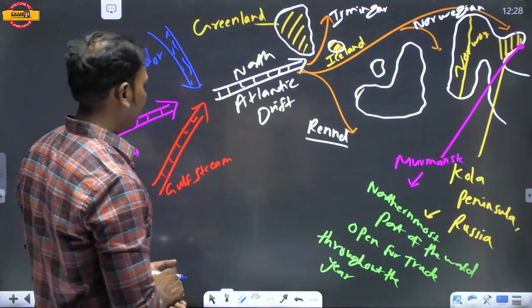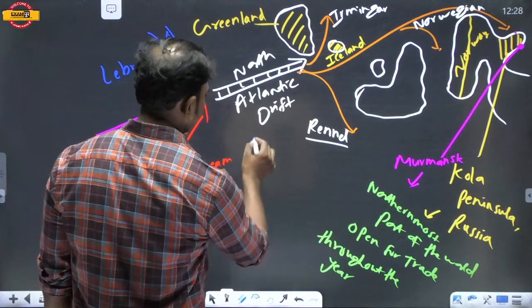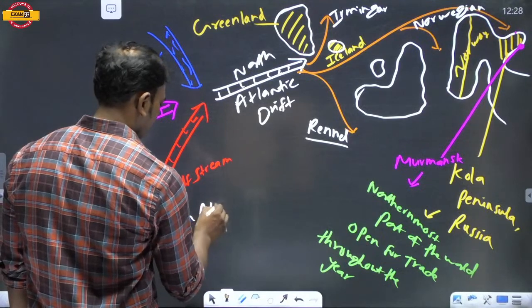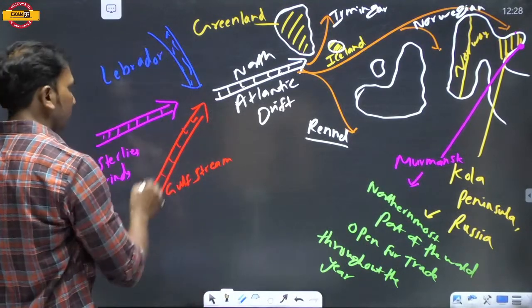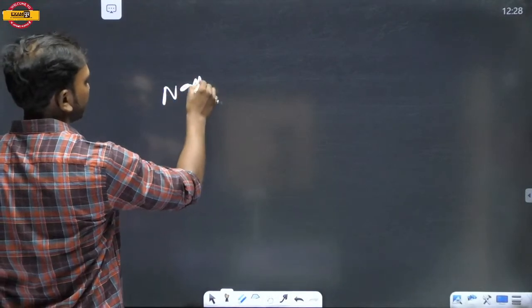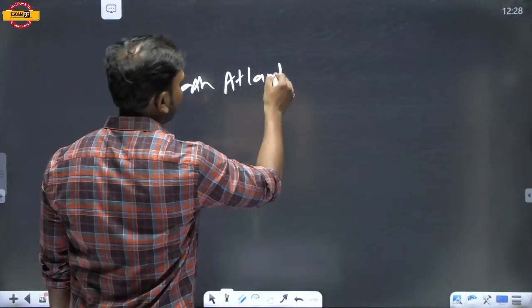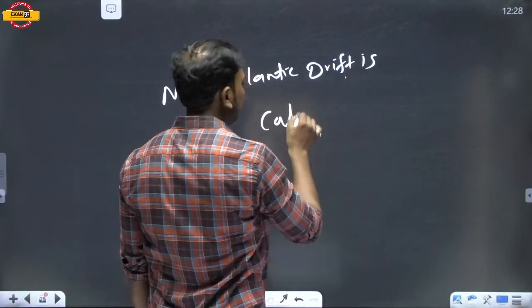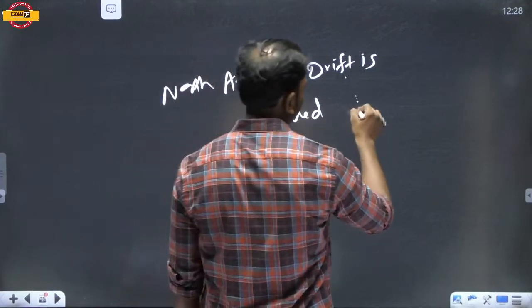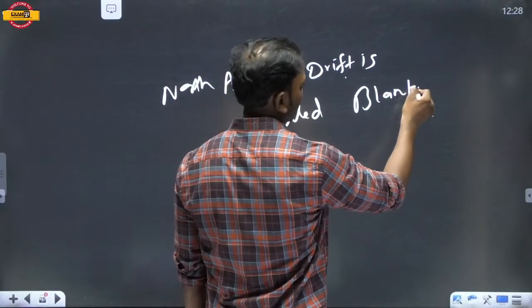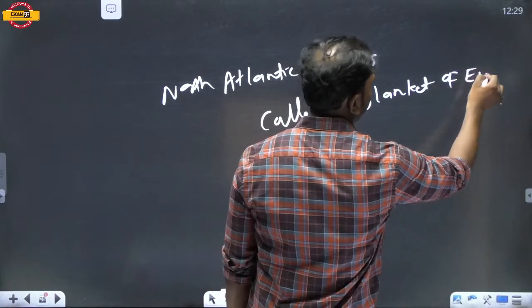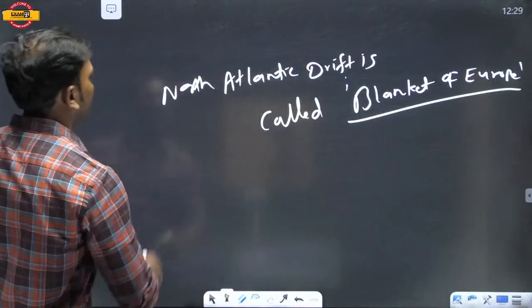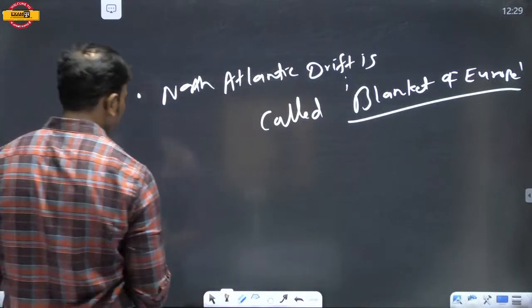And that's why, as I am mentioning in the next slide, the North Atlantic Drift is called the blanket of Europe.